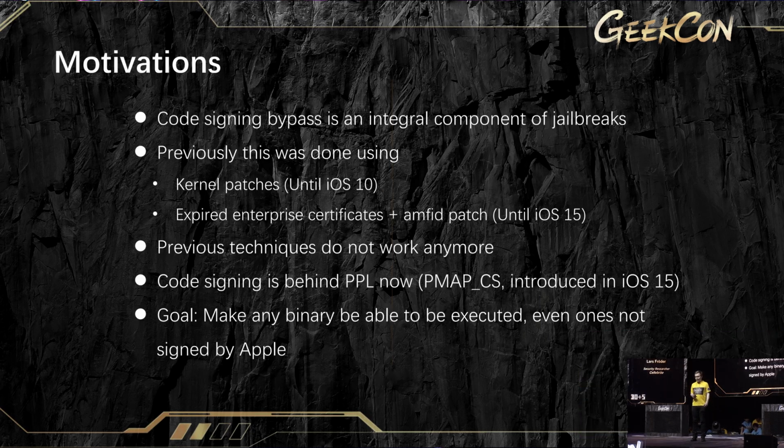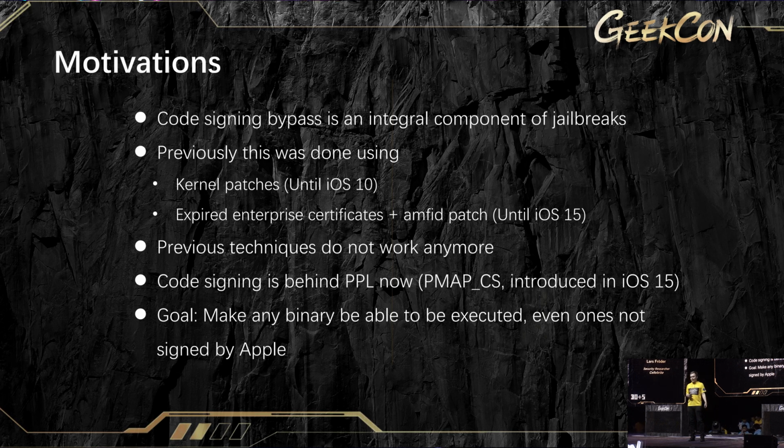So first, let's discuss some motivations. A code signing bypass is basically the integral component of a jailbreak. In the past, this was done using kernel patches, but that broke because of KTRR, which I will talk about later. Then for some time, jailbreaks were using detached signatures and an AMFID patch.